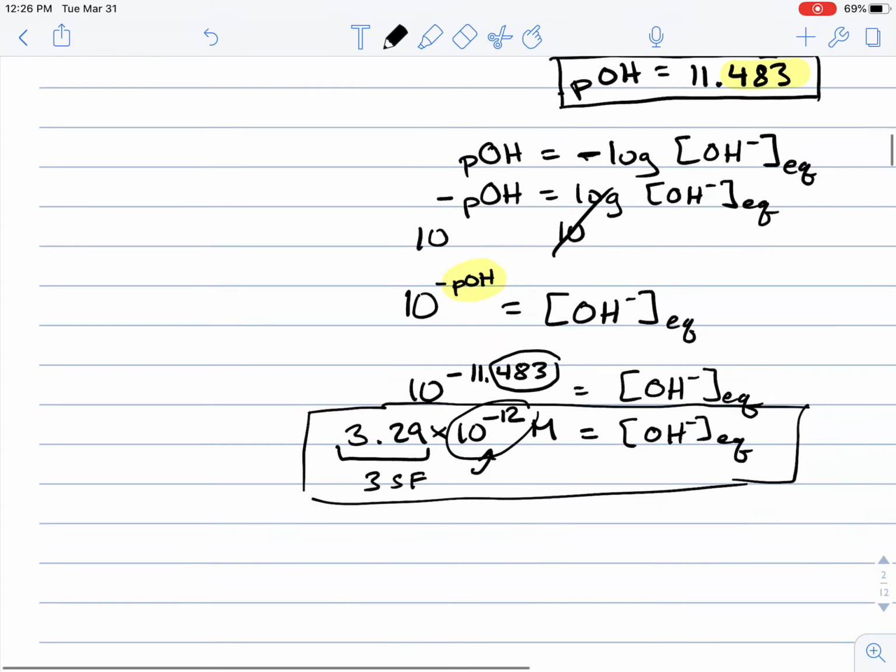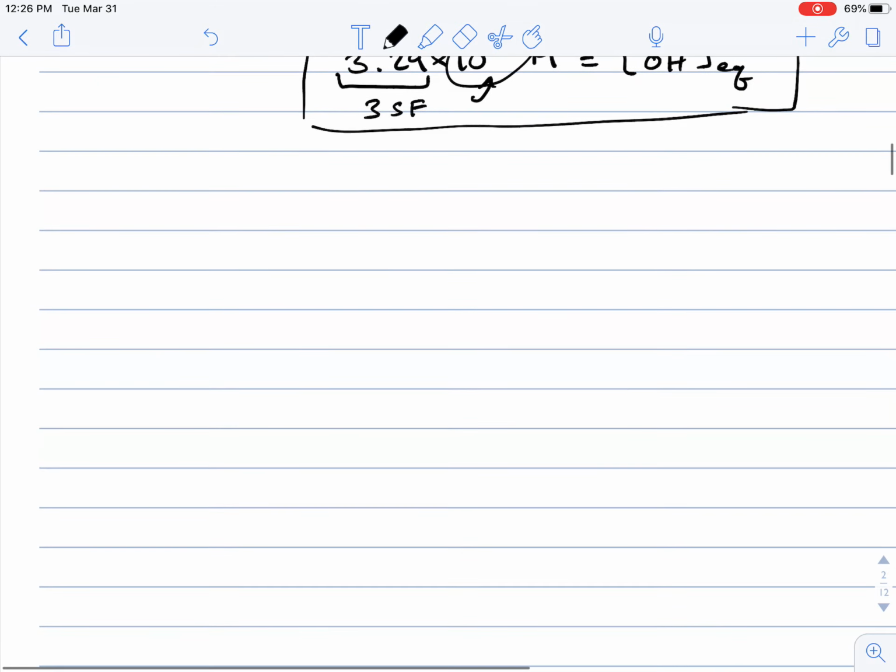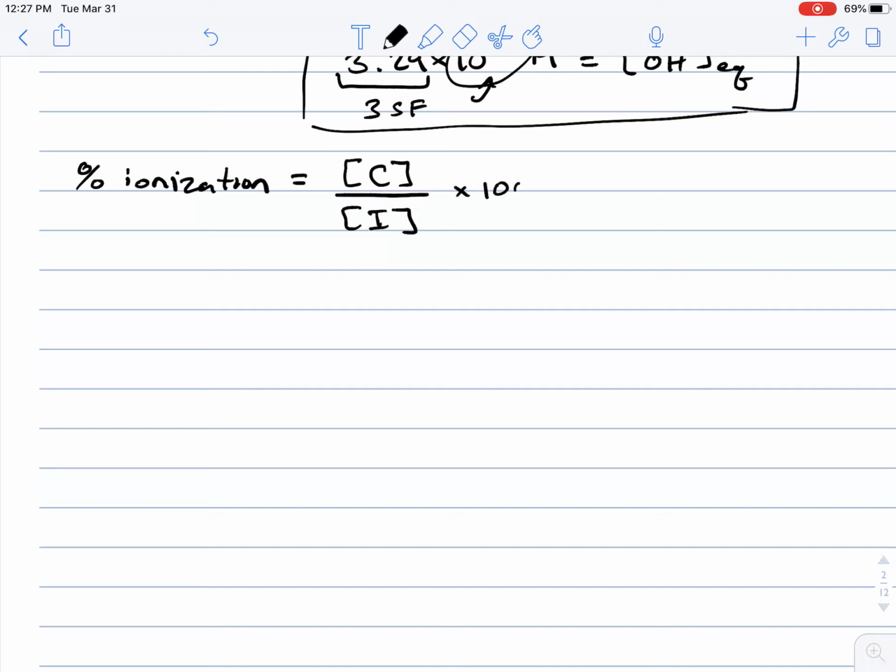All right, the last thing that we're going to solve for is the percent ionization. The percent ionization is equal to the change divided by the initial concentration, times 100.